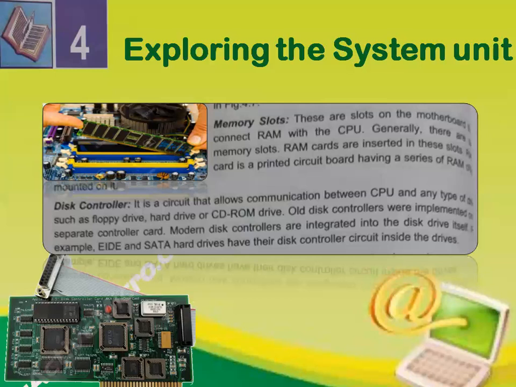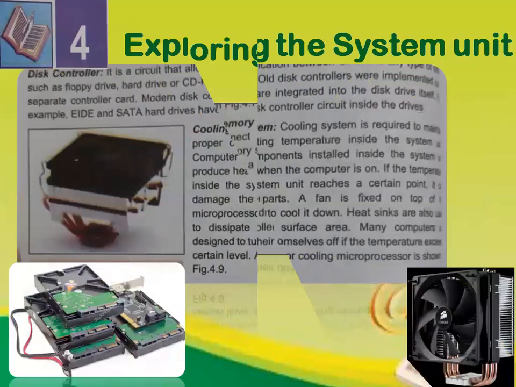So the disk controller allows communication between the CPU and many other types of devices like floppy drive and CD-ROM drive. It provides the connection between the CPU and the drives: hard disk, CD-ROM, and floppy drive.